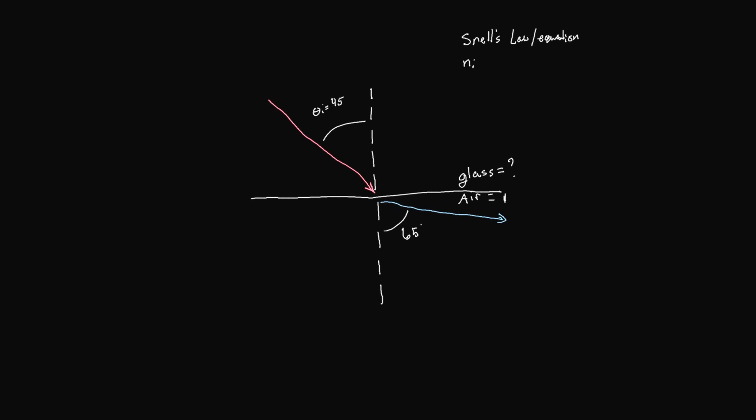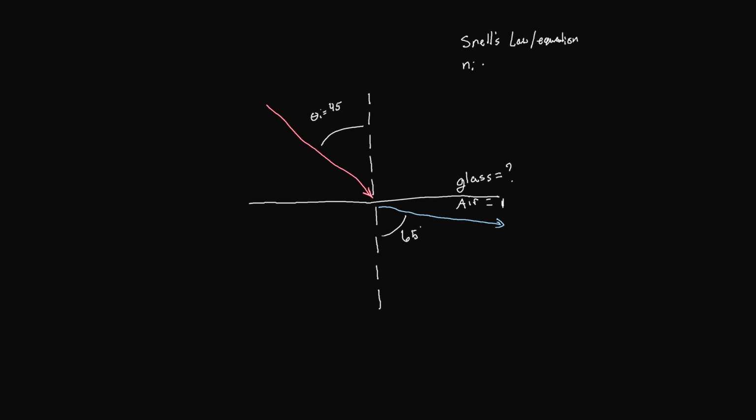All right, that our sine theta I is equal to our n index of refraction r times our sine of that angle r. So that's going to be here, and so I should put that label on there. Theta r.